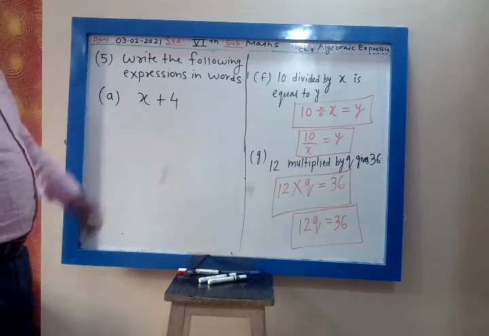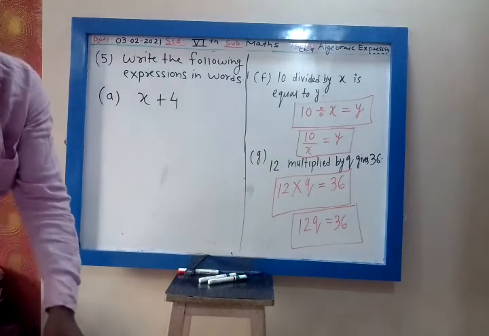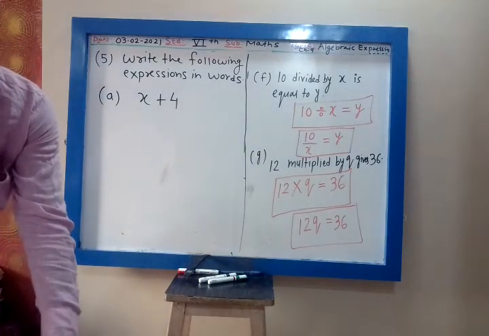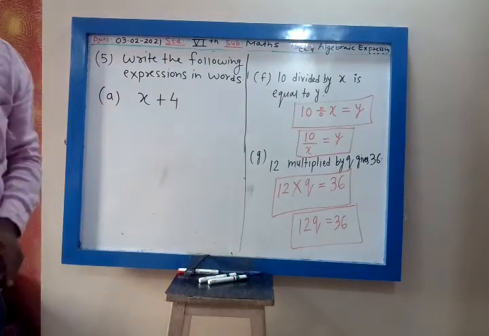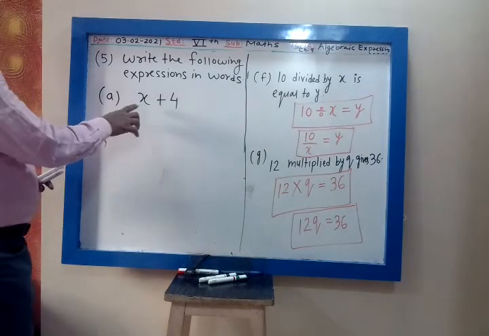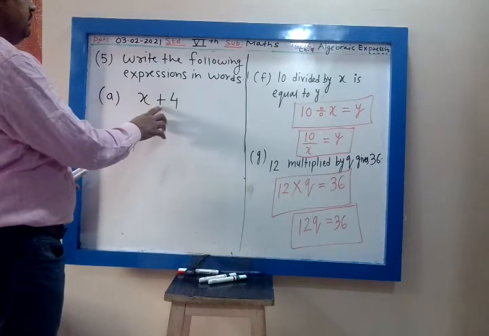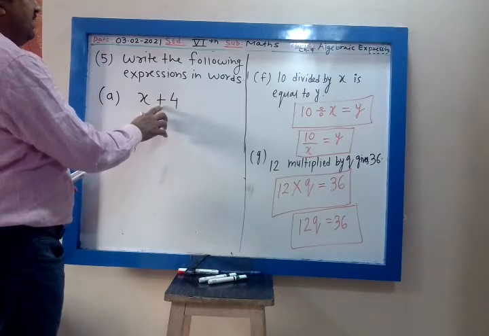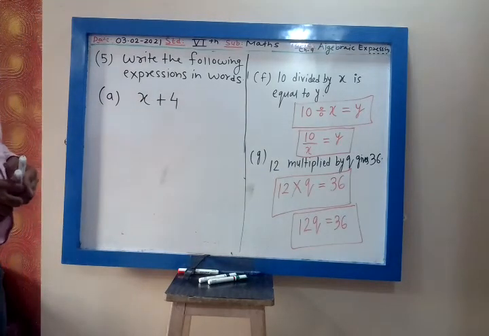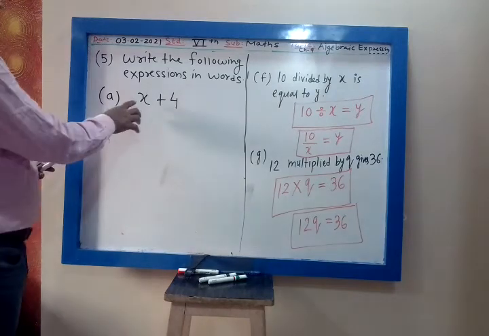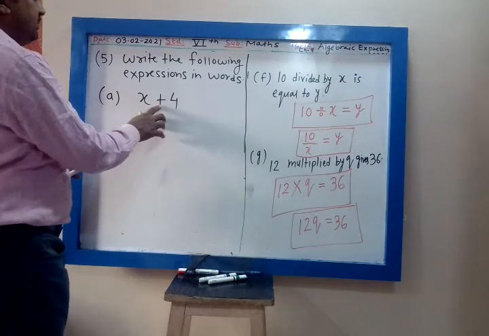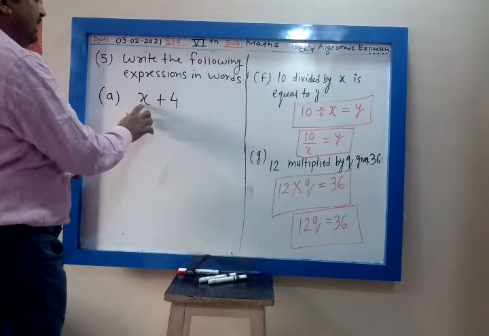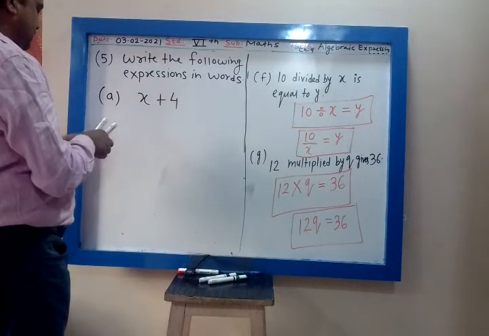So for x plus 4, what will you write? Plus means sum, plus means increased. So we write: the sum of x and 4.